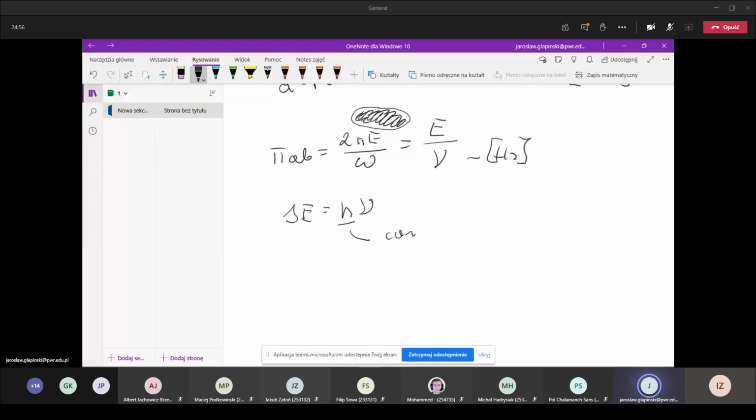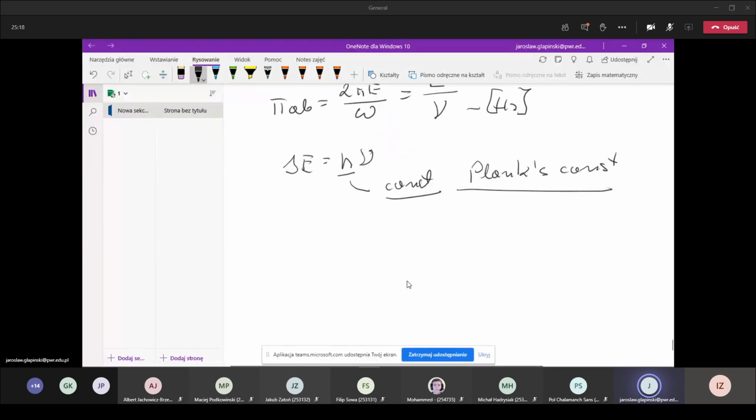Yes, this is constant, and this is the Planck constant. This is a very important constant. And if we calculate this using some experiments, we can describe that this constant is equal, more or less, to this many joule seconds.